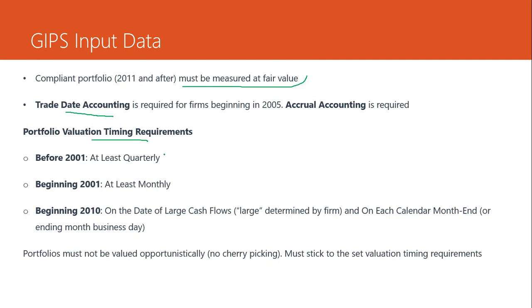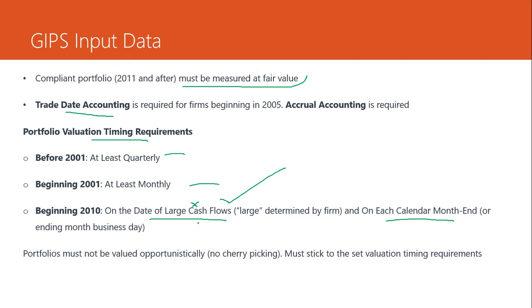Valuation timings: before 2001 quarterly, after 2001 monthly, beginning 2010 on the date of large cash flows or at each calendar month end. Why this large cash flows? Because a portfolio can show a big return or a big loss in case there is a subscription or redemption from the portfolio.